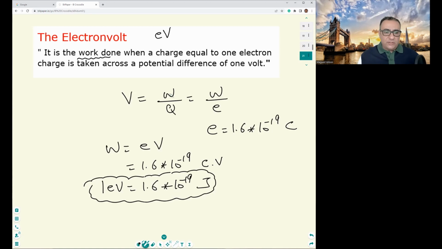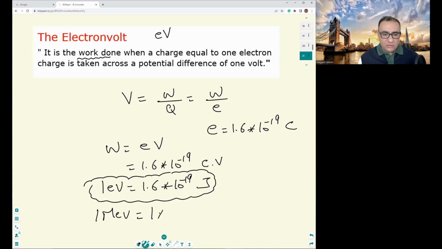Sometimes in some questions, you may see 1 MeV. What is MeV? It's mega electron volt. So in this case, we need to apply two conversions. First of all, I need to take care of the mega. Mega as a prefix is 10 to the power of 6.